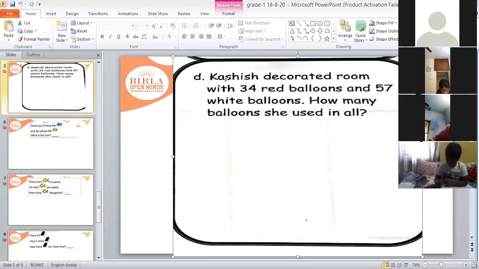So this is: Kashish decorated her room with 34 red balloons and 57 white balloons. Okay, so there was one girl, Kashish.